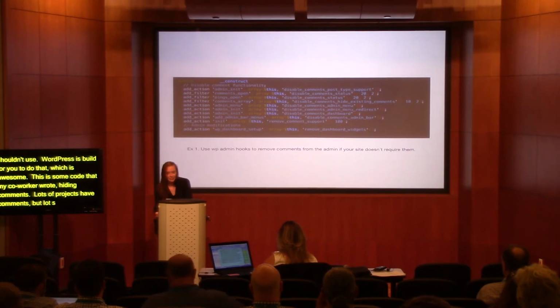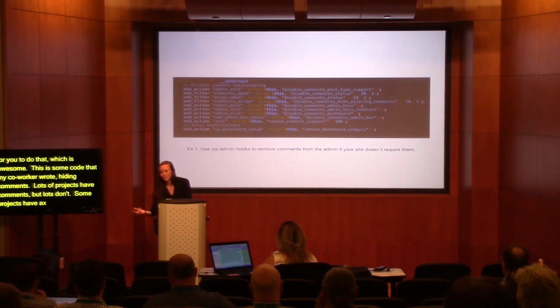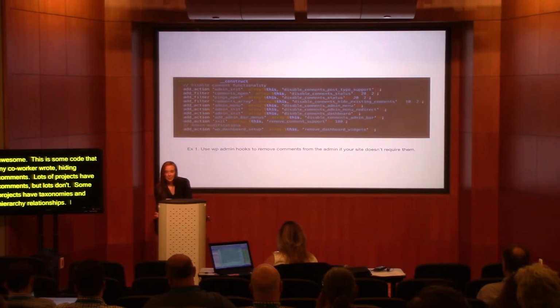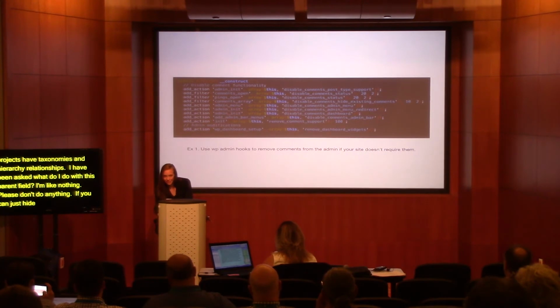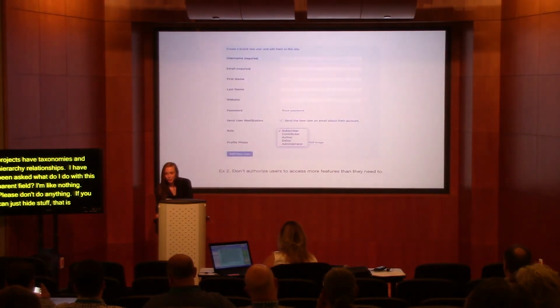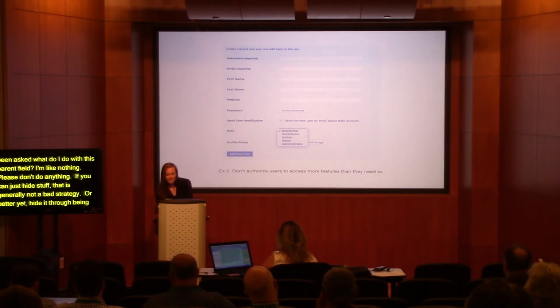Some projects have taxonomies and hierarchical relationships, and some don't. I've certainly been asked by clients, what do I do with this parent field? I'm like, nothing. Please don't do anything. So if you can just hide that stuff using WordPress hooks, that is generally not a bad strategy. Or better yet, hide it through being really thoughtful with your roles and capabilities.